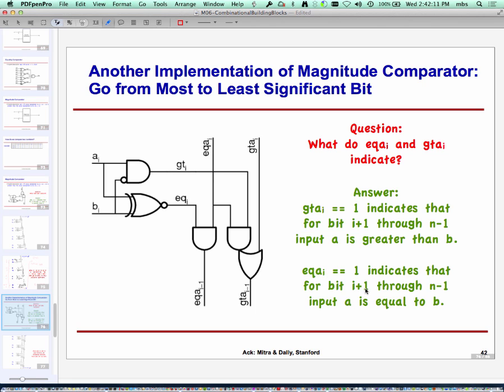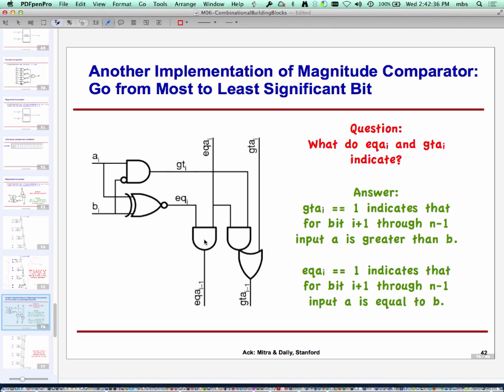And then what I'm doing out here, let's look at the equals. I will tell the next lower bit that I through n minus 1 are equal if from the previous bit I received equality and AI and BI were the same. So that's the logic you are seeing out here.